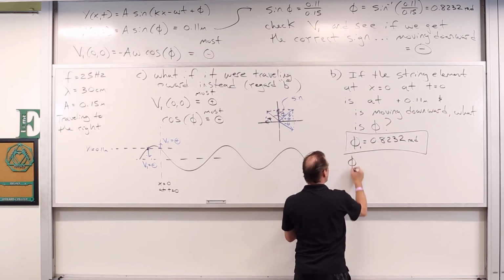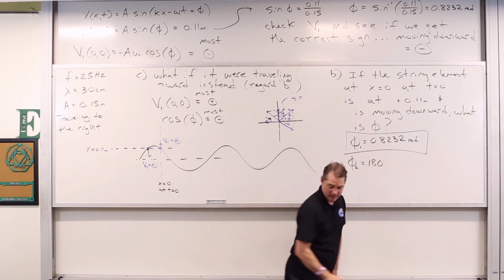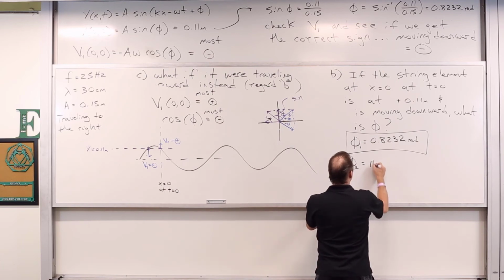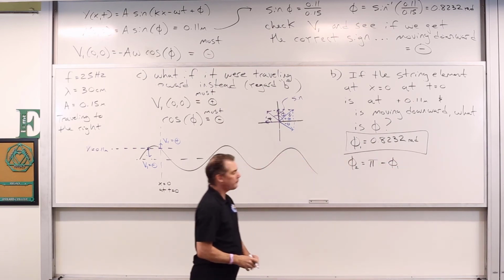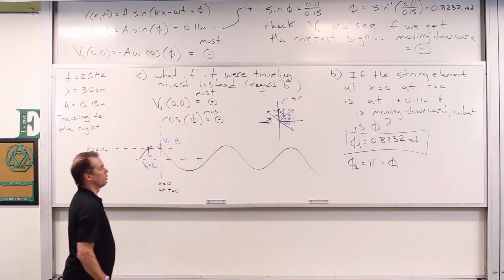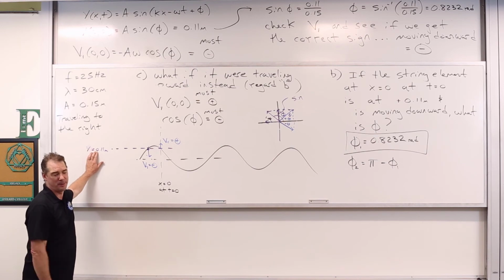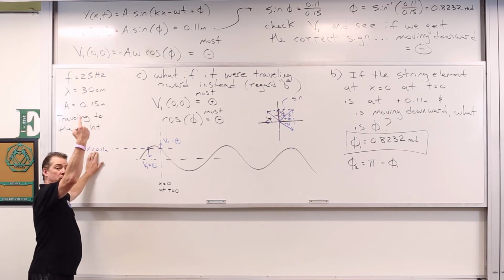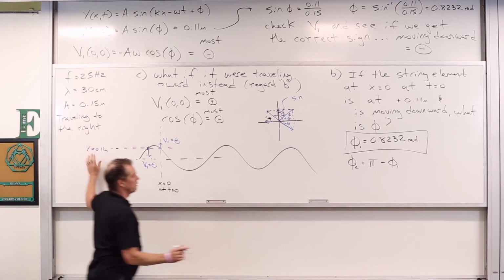And then there is a phi2 that is, let me not say 180, let me say pi radians, pi minus phi1. There are two answers ultimately that will give us the same position, the same displacement. But one gives us a positive, and one gives us a negative regarding the velocity. So let's try this out.